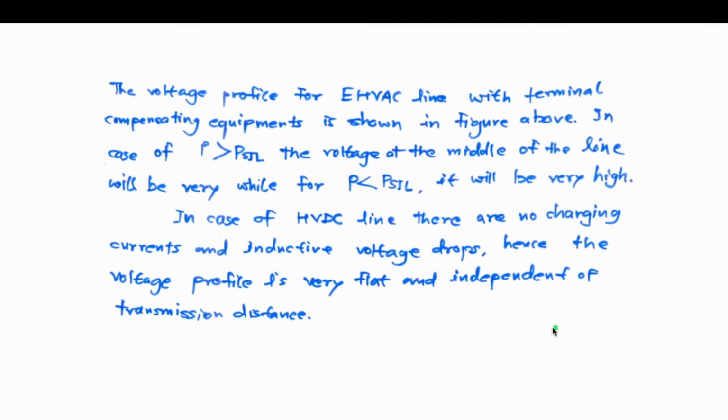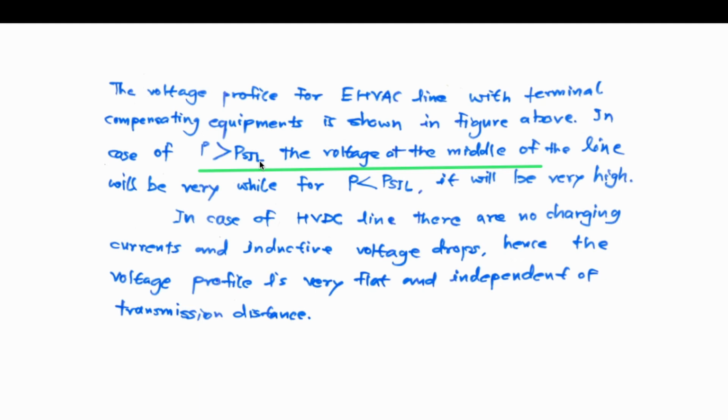That is, for loading on the transmission line greater than surge impedance loading, SIL, the voltage at the middle will be low, and for loading less than surge impedance loading, it will be high at the middle of the line.